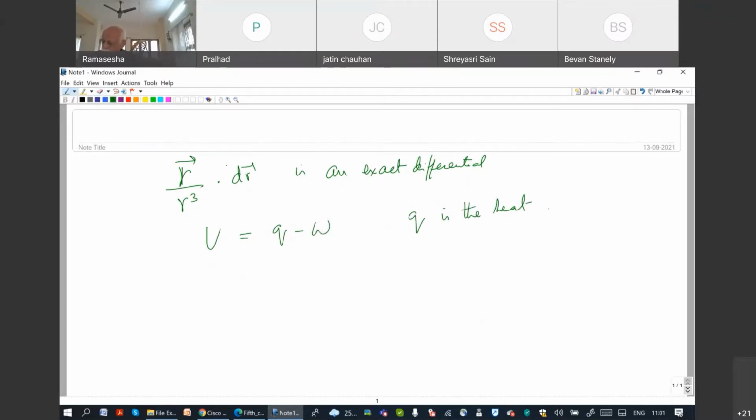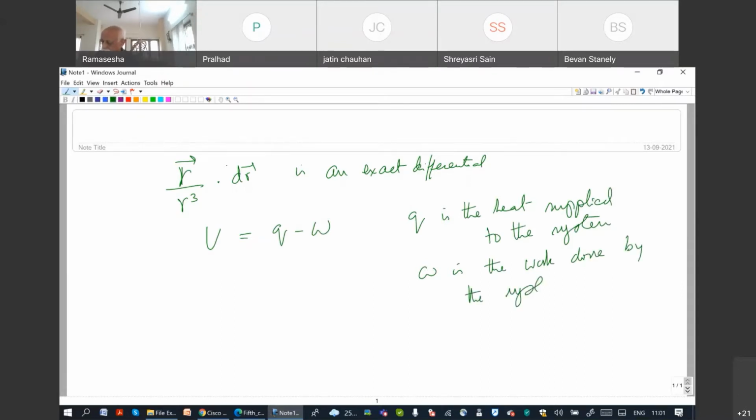Heat supplied to the system and W is the work done by the system. Okay, so Q minus W is this one.